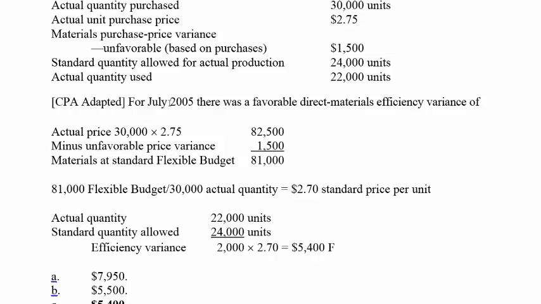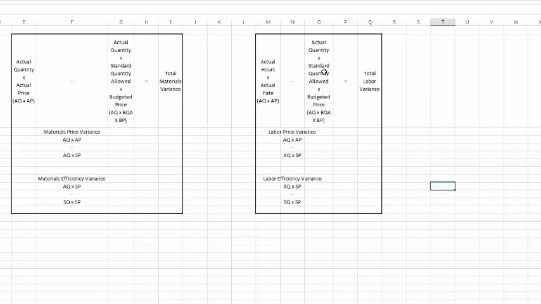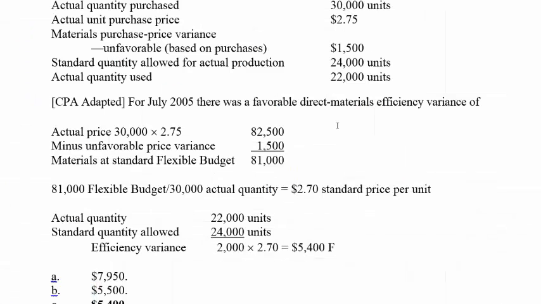Okay, so here we have the fact that we had actual quantity of 22,000 units given, but our standard quantity allowed for our actual production, 24,000 units, which based on that formula that I gave you guys over here, actual quantity times standard quantity allowed is the other number, which was 24,000 units.